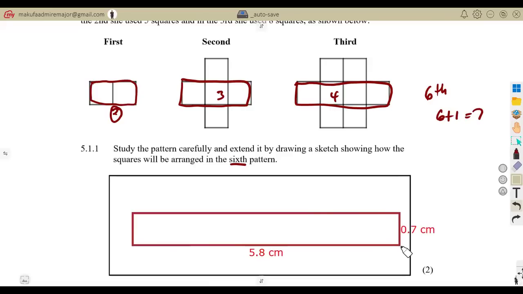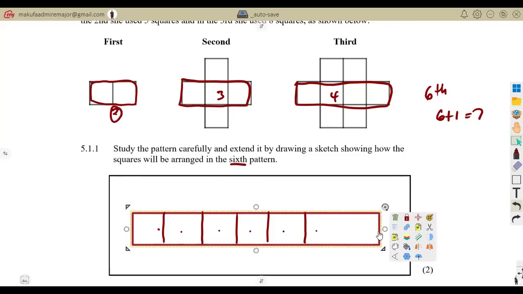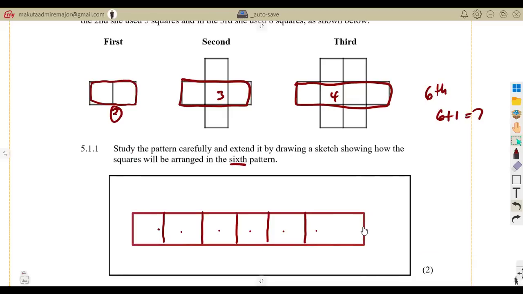So in this row, we are going to have 6 of these smaller boxes, like this: 1, 2, 3, 4, 5, 6. So it's going to be too much here. So let's just do it this way, to have a 7 there. Let's try to reduce this somewhere there, something like this. All right, so that's 1, 2, 3, 4, 5, 6. Guys, I'm supposed to have 7.